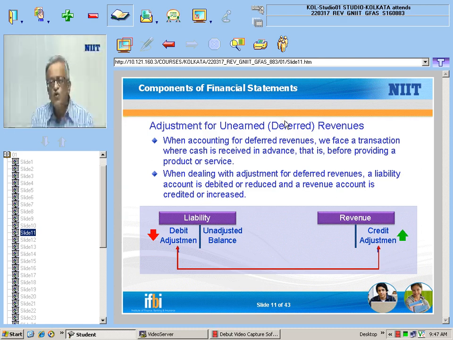Subsequently, when the goods are sold or the service is provided, the money lying in the liability account will be debited: debit unearned revenue, credit revenue account. So revenue will be recognized only when the goods are sold or the service is provided. This is the accounting for unearned revenue.